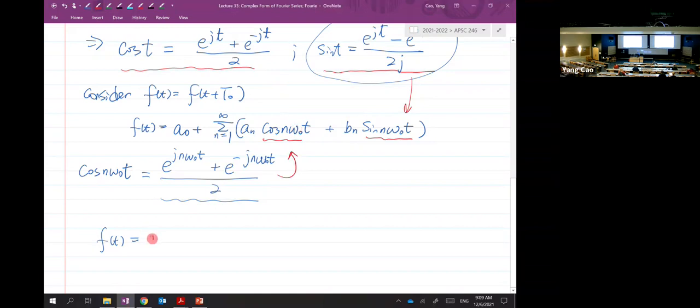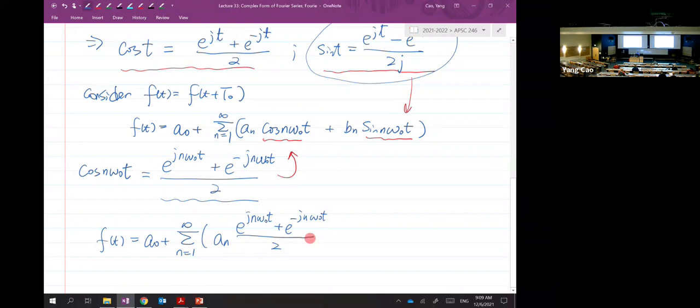So f of t equal to a naught, summation sign goes from 1 to infinite, and then a_n. So cosine n omega naught t equal to e^(j n omega naught t) plus e^(negative j n omega naught t) divided by 2.